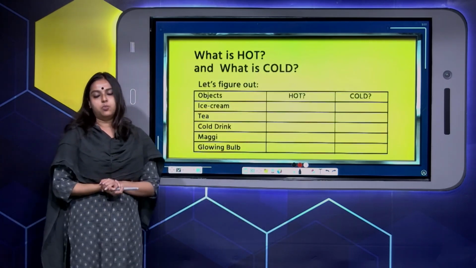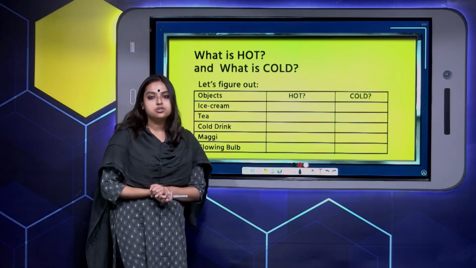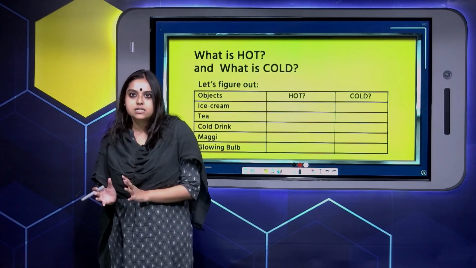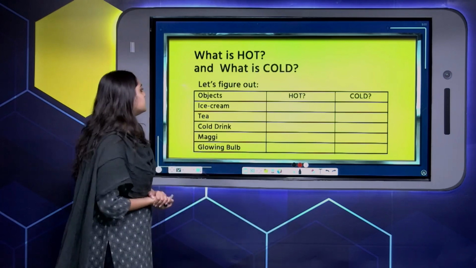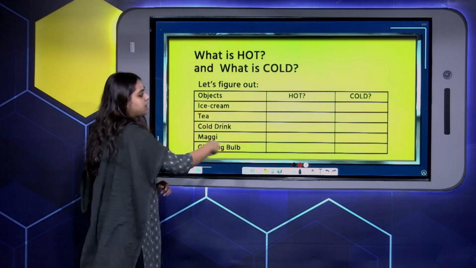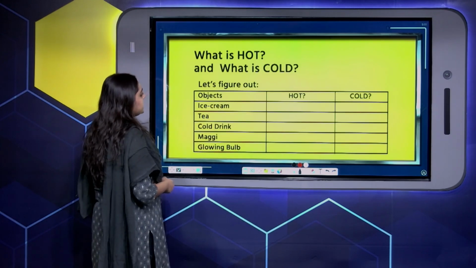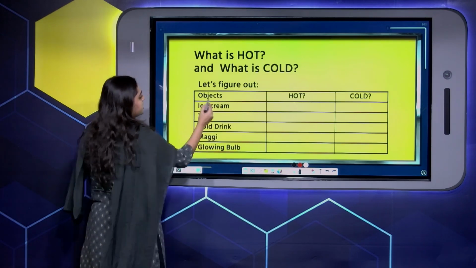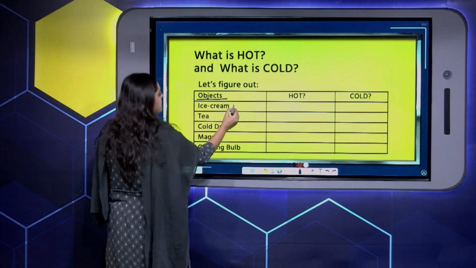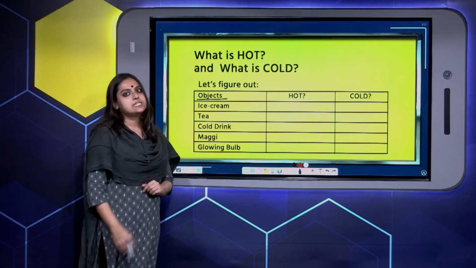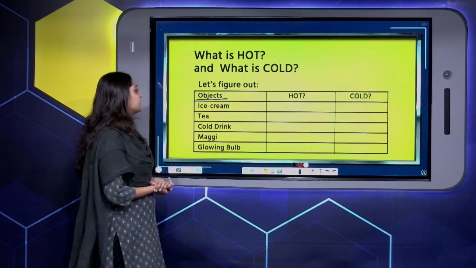Now, before knowing what is heat, we need to know what is hot and what is cold. There is a table we can find out here, and in the table we see various objects, right? Some of the objects are hot and some are cold.